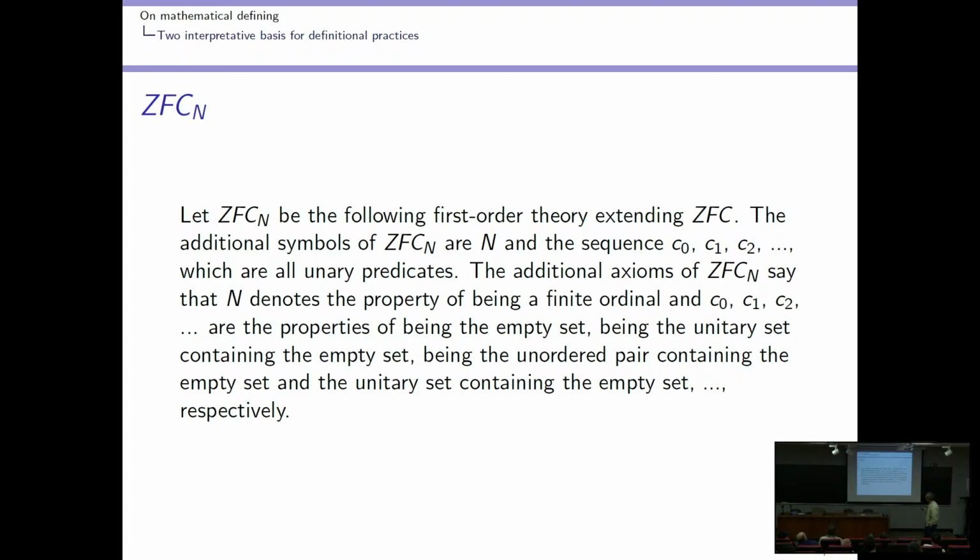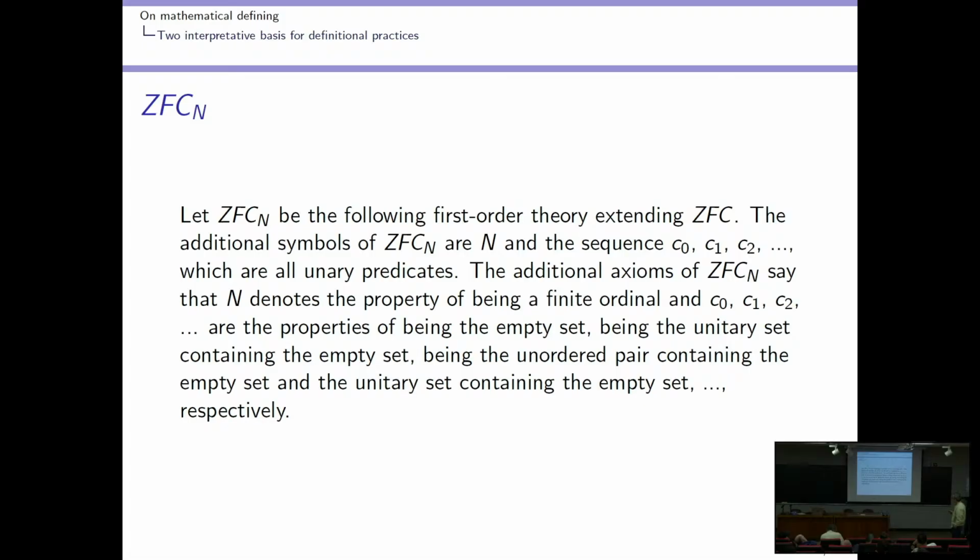So ZFCN is obtained from ZFC by the following additional symbols. We have N, and a sequence C0, C1, C2. Of course, also the process of iteration is implicit here in the numbers. N is a unary predicate, and the C's are names, proper names, right? The idea is that this is the name of 0, this is the name of 1, this is the name of 2.